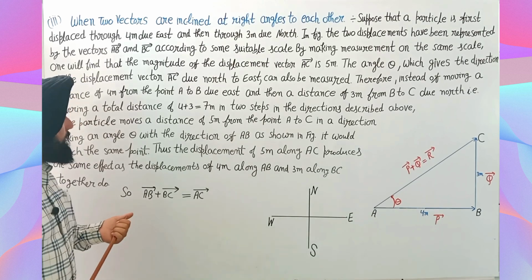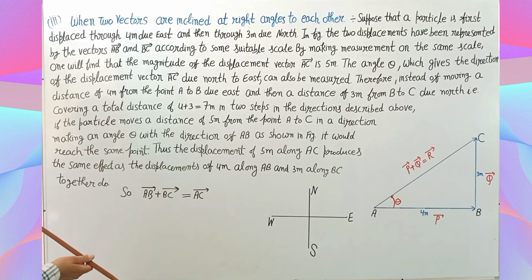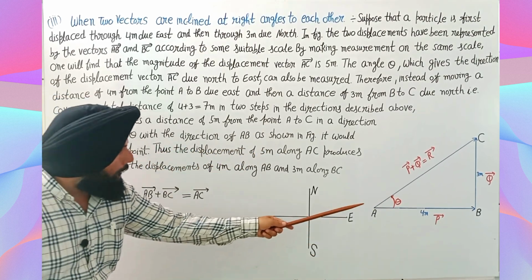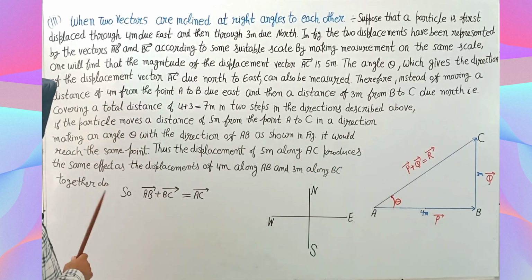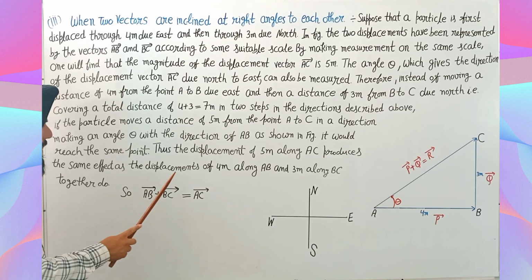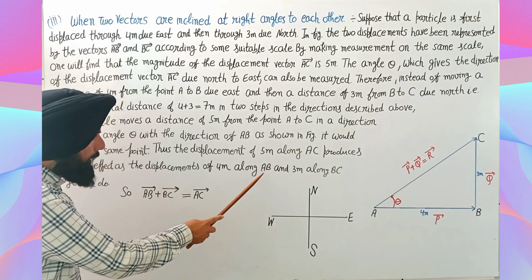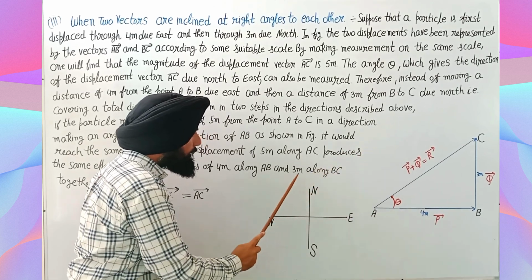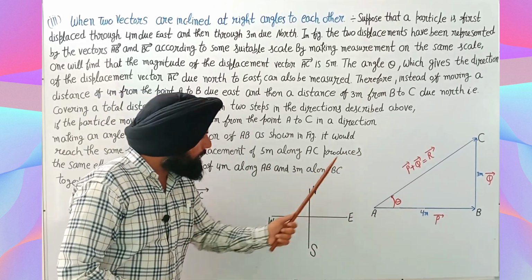So what have we learned? Thus the displacement of 5 meters along AC produces the same effect as the displacement of 4 meters along AB and then 3 meters along BC.